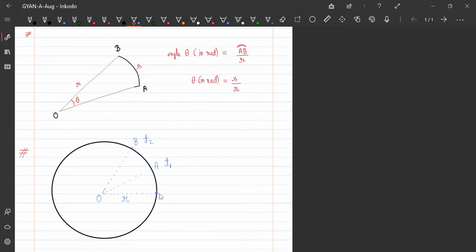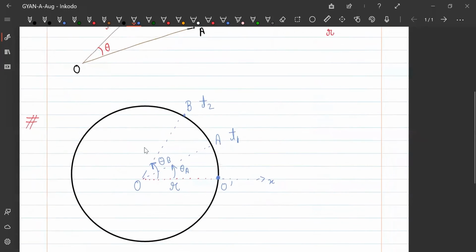And let us say हम जो original line है OO dash से angle measure करते हैं in the anti-clockwise direction. So this is your theta A, this angle with the positive x-axis, and theta B, that is angle rotated at time t2.